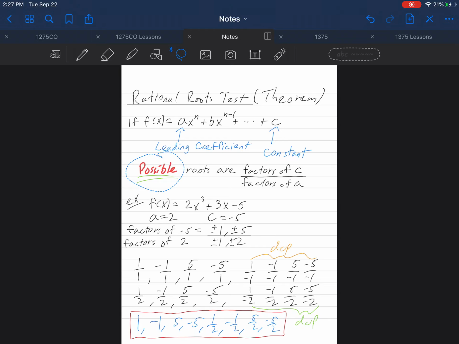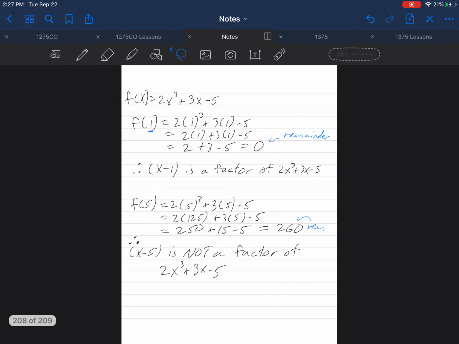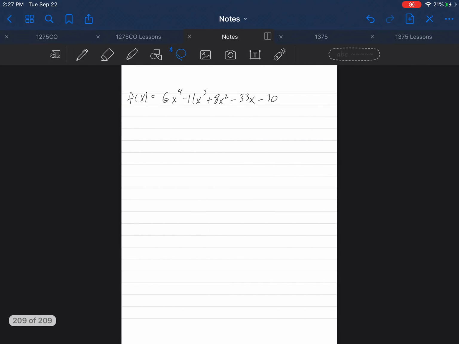It tells you that these are possible roots. This is a process to narrow down the number of possibilities that we can test. Again, f of 2 is not going to be possible. We already know that's eliminated from discussion. F of 5 was possible. It turns out it's not based on this remainder. So let's try one more.